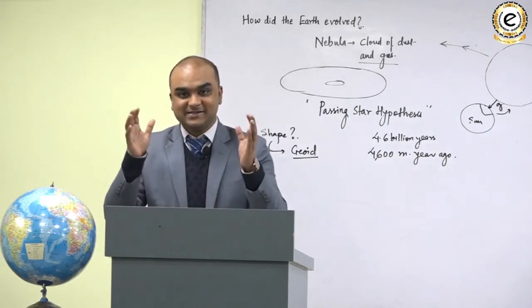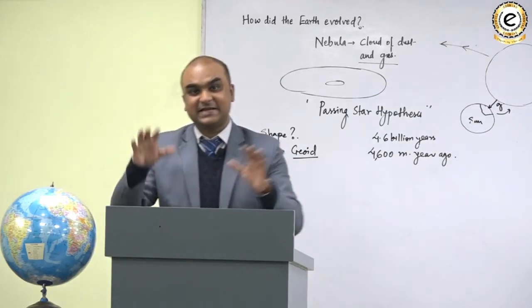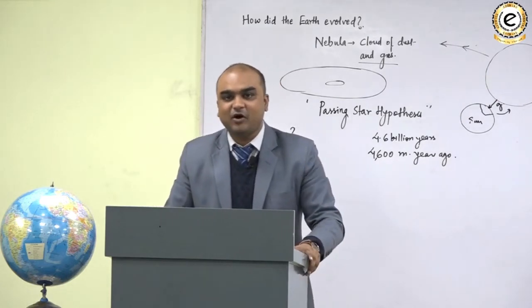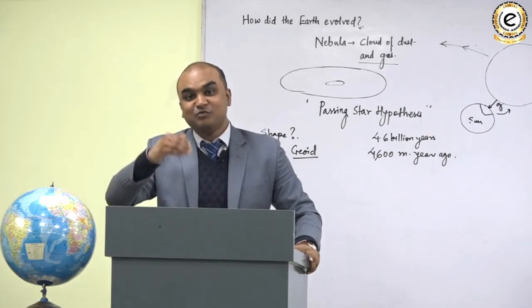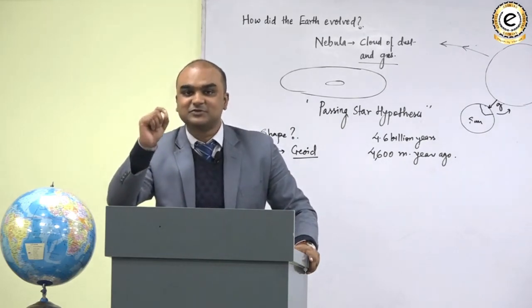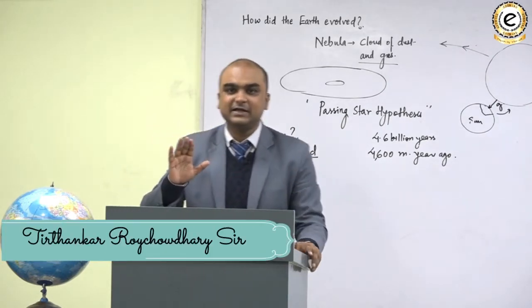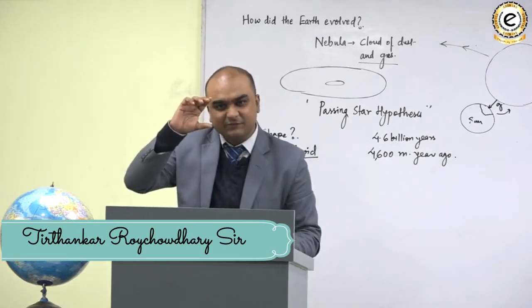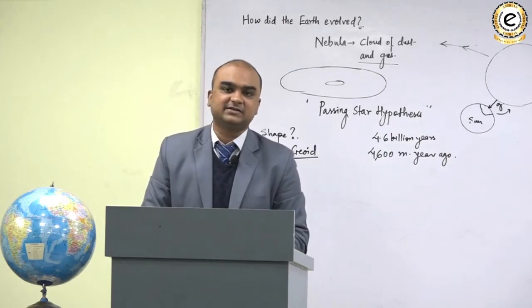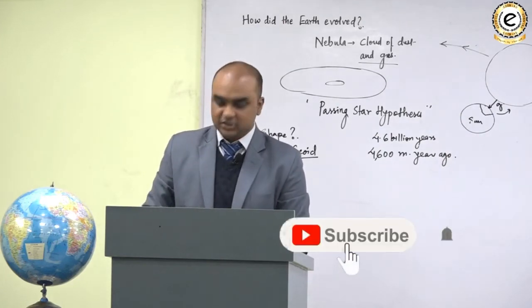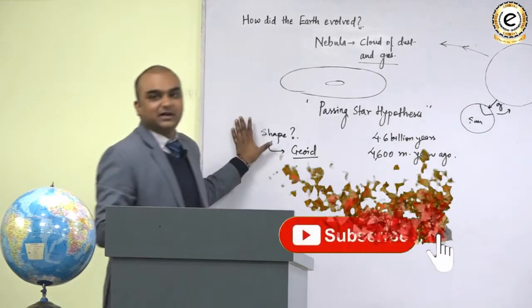In fact, the Earth is a better sphere than a basketball. A basketball is more away from a true sphere. Earth is closer to a true sphere. So what does this tell us? That Earth is slightly flattened at the poles and slightly bulging at the equator. Clear? So that was about the shape of the Earth.